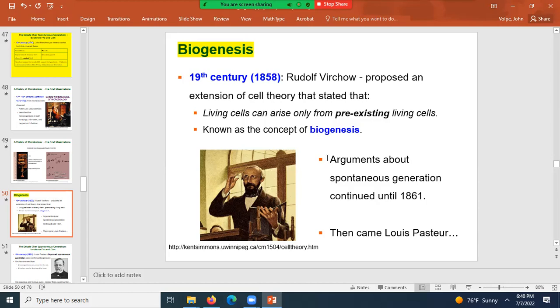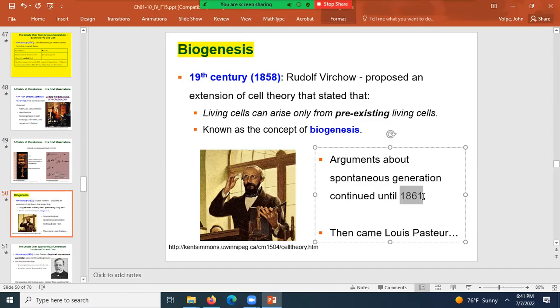And the argument continued for a few years about whether or not microbes could spontaneously generate. And that argument wasn't settled until 1861.